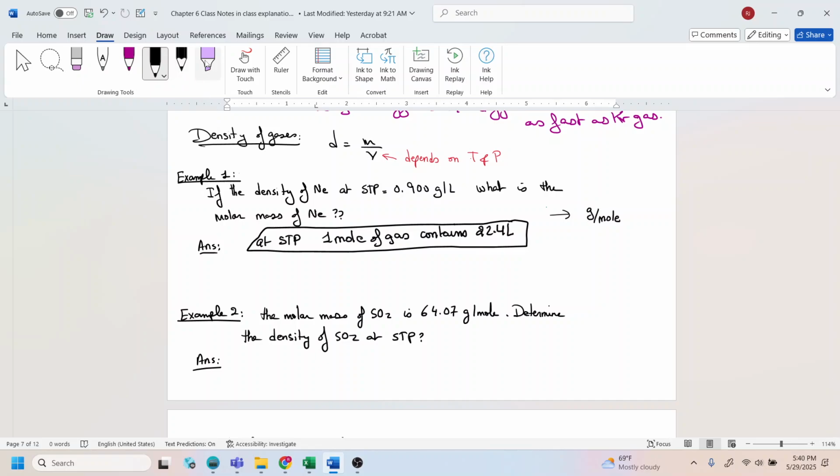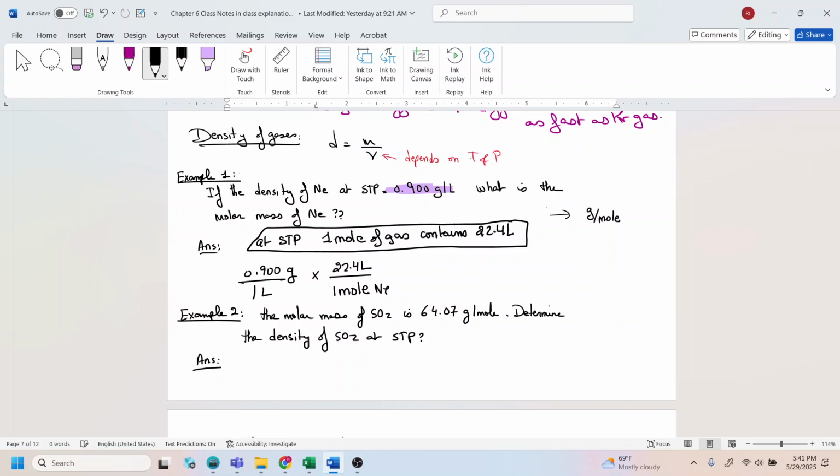So I'm starting, always start with your given, you guys. So I'm starting with the density, which is 0.900. That is the grams per 1 liter. I want to cancel the liter out, so I know that 1 mole of gas occupies 22.4 liters.